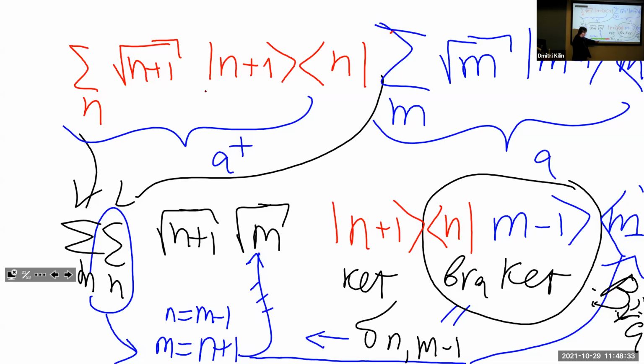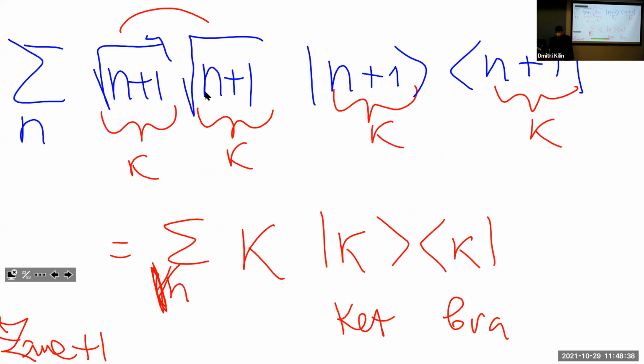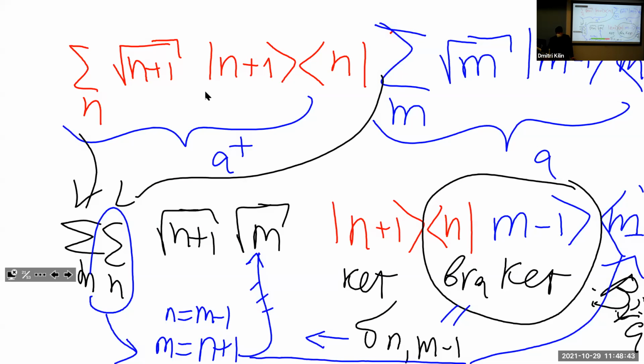So by doing this replacement, let's go back once again. So first, ket was n plus 1. The last ket will also be n plus 1 because of this substitution.